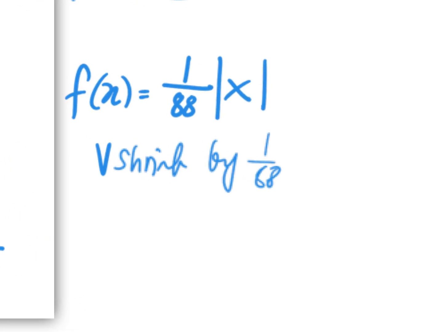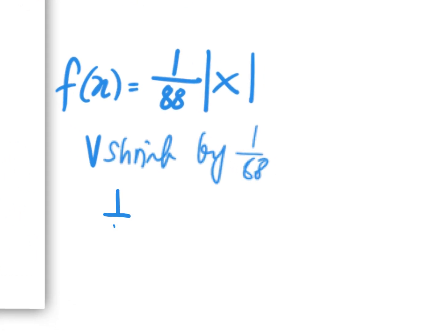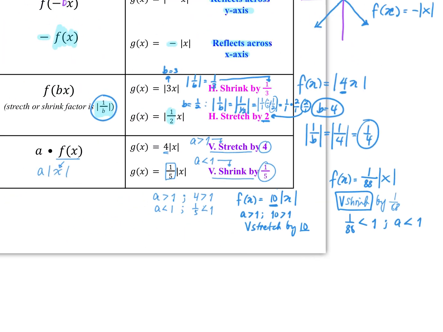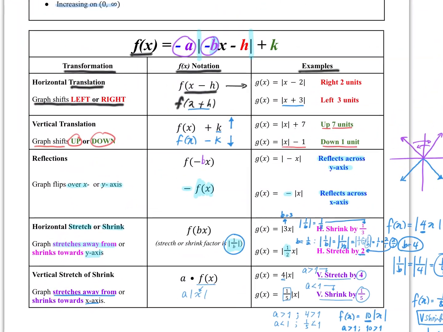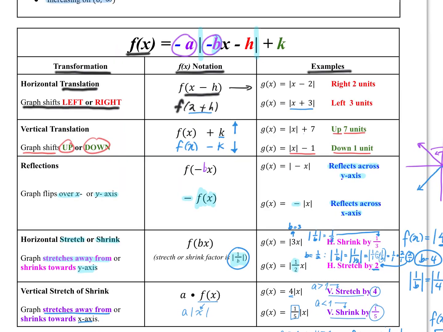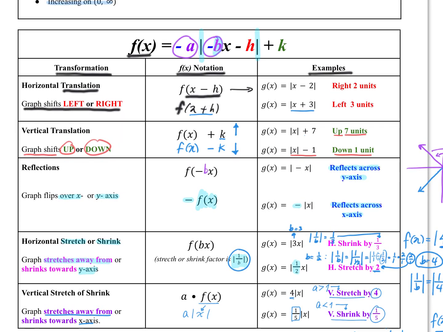Why is that? Because 1 over 88 is less than 1. In case that a is less than 1, it's going to have a vertical shrink. I hope you have understood these terminologies that we have learned today. If it's still very confusing on your part, please go back over and over to this part of the video.